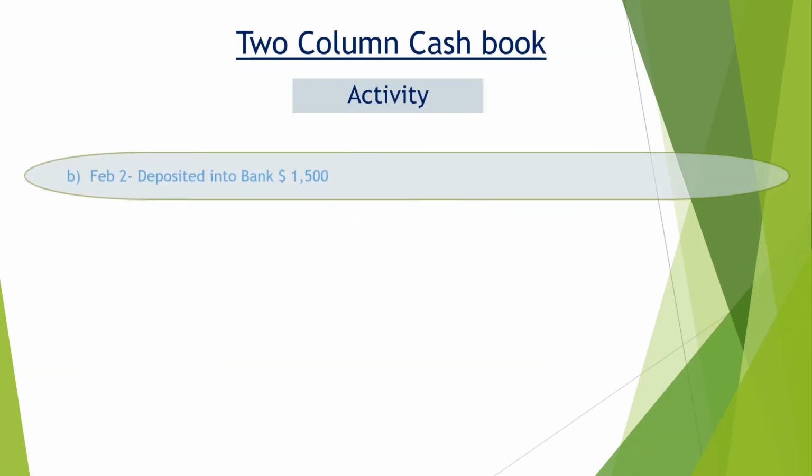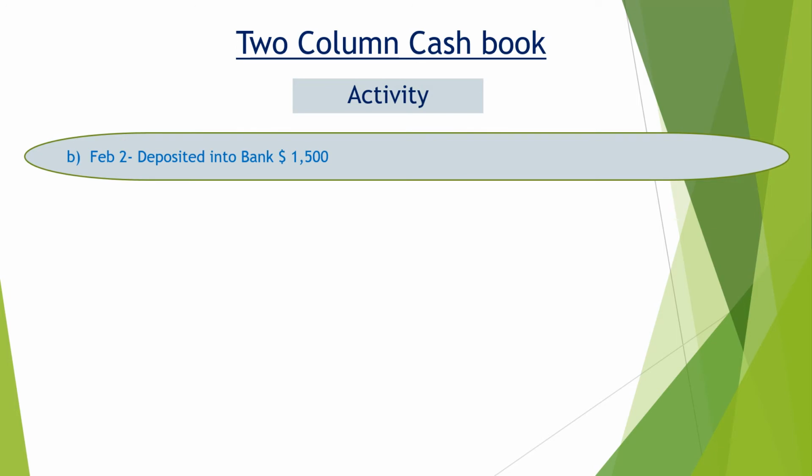Example number 2, deposited in bank. You must understand a point here that when there is this sort of transaction where the effect is bank is increased and cash is decreased or vice versa, it will be recorded on both sides accordingly with a symbol C, as you can see here.